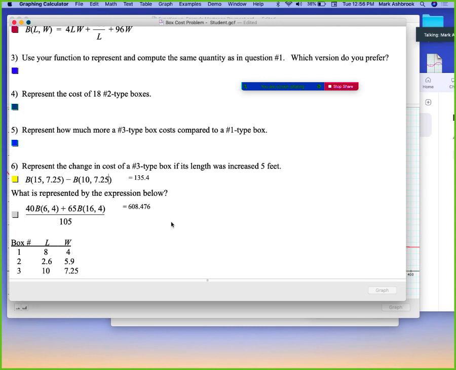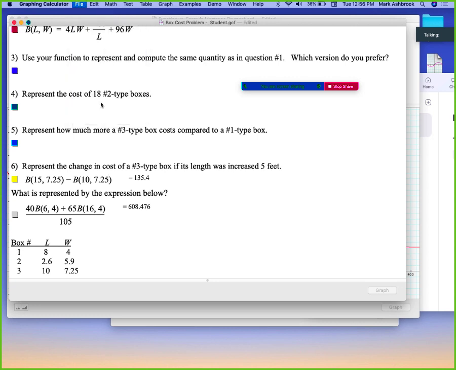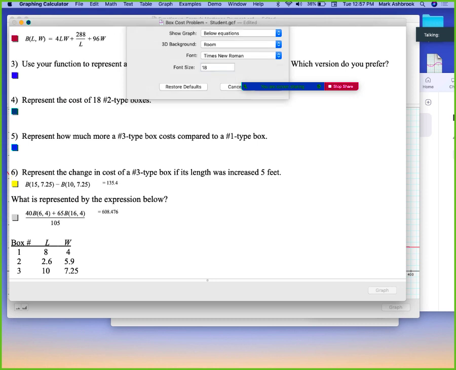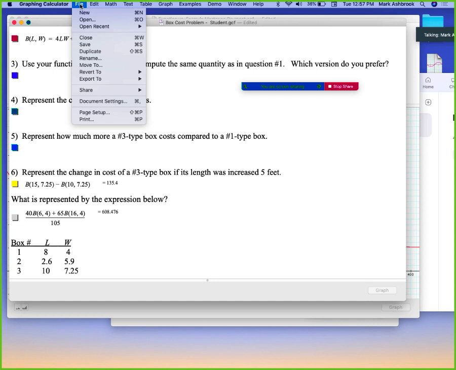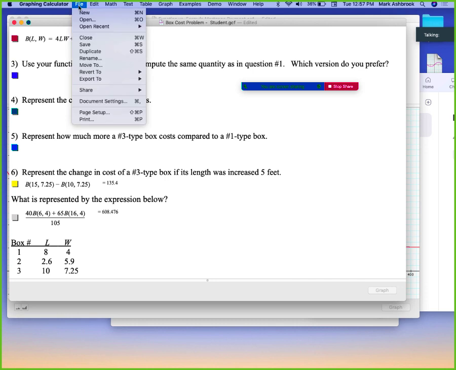Does everyone agree with that? Let me make mine. What just happened? Got worse. I am flailing here.